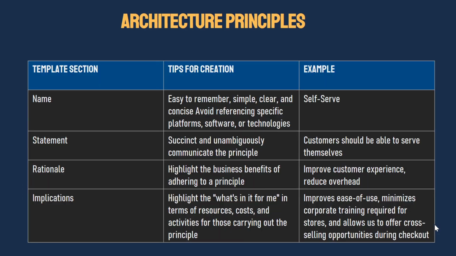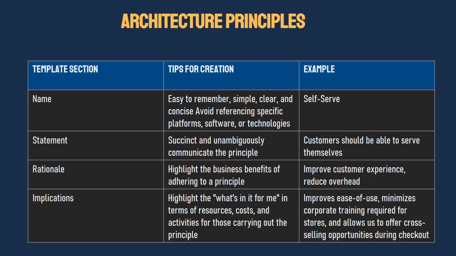Here is an example of an architecture principle. There are a couple of different sections, including name, statement, rationale, and implications. The name should be written in an easy to remember, simple, clear, and concise manner. We typically avoid referencing specific platforms, software, or technologies.